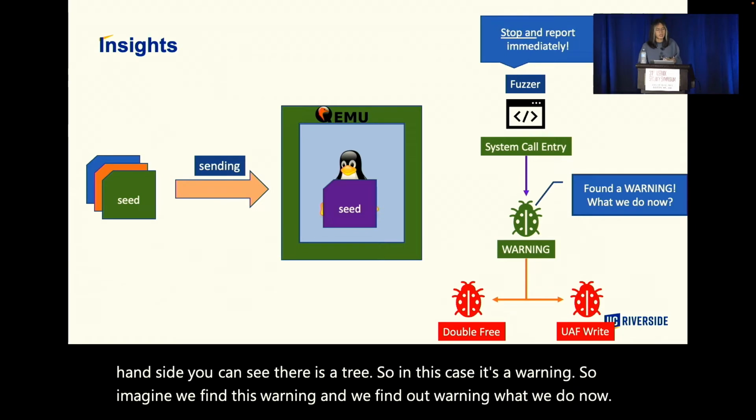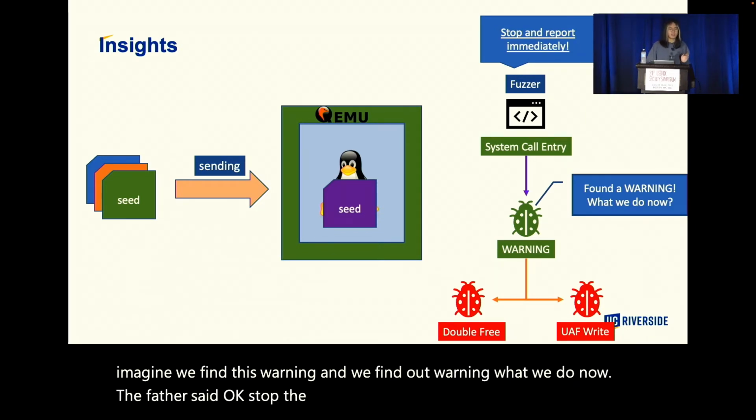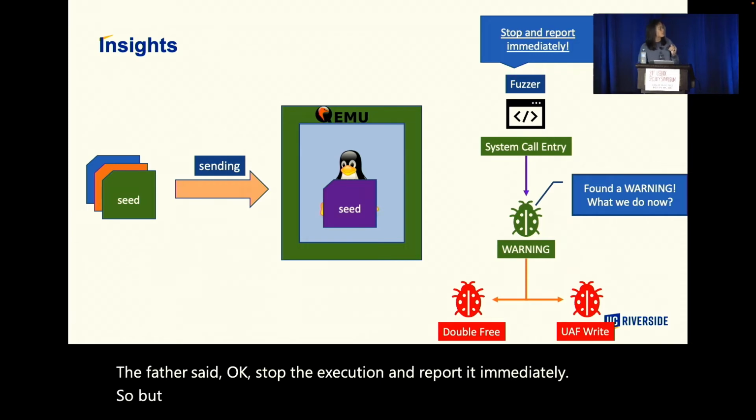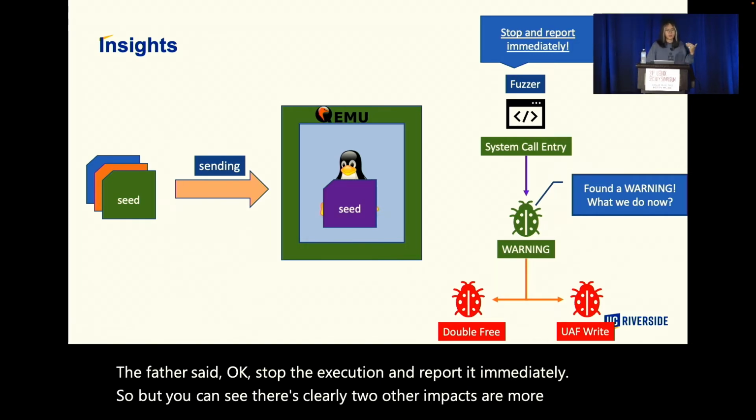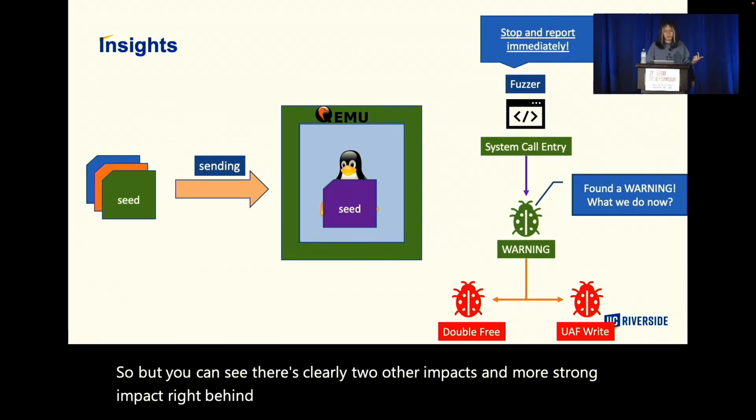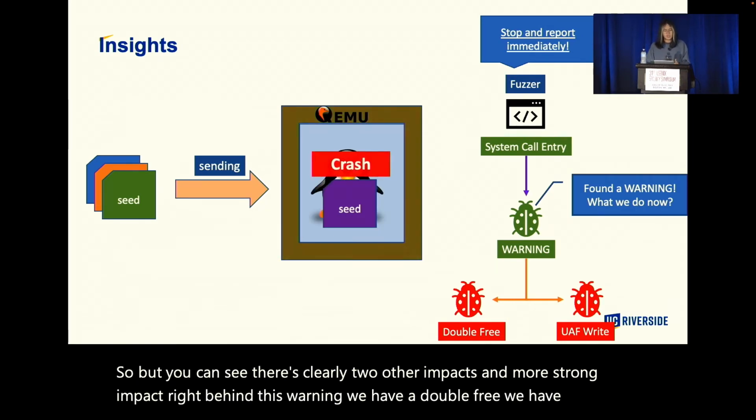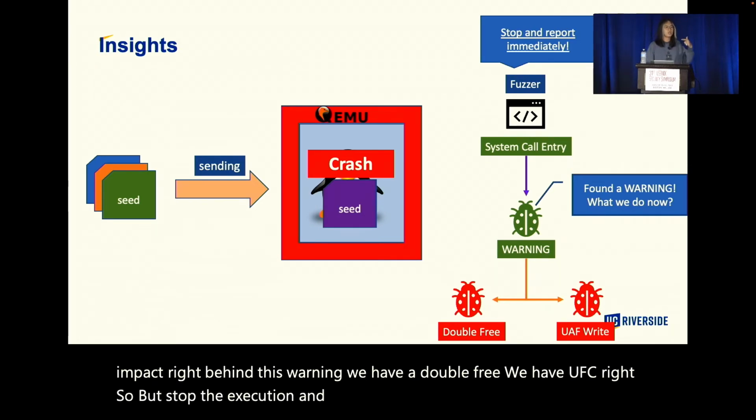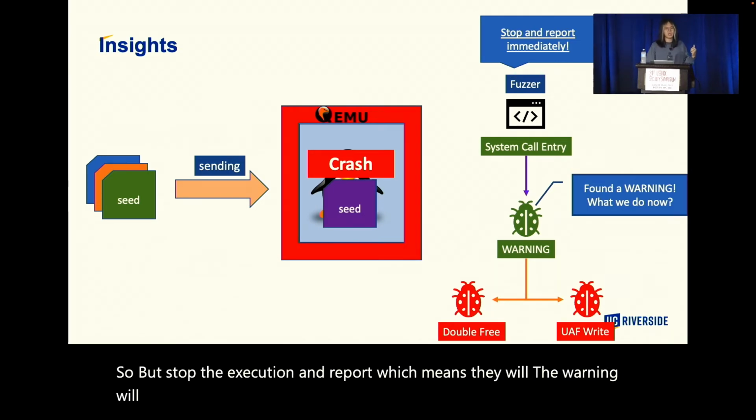The fuzzer says, okay, stop the execution and report it immediately. But you can see there are clearly two other, stronger impacts right behind this warning. We have a double free, we have a use-after-free write. But stopping the execution and reporting means the warning will crash the kernel, and the execution will just stop at this warning.